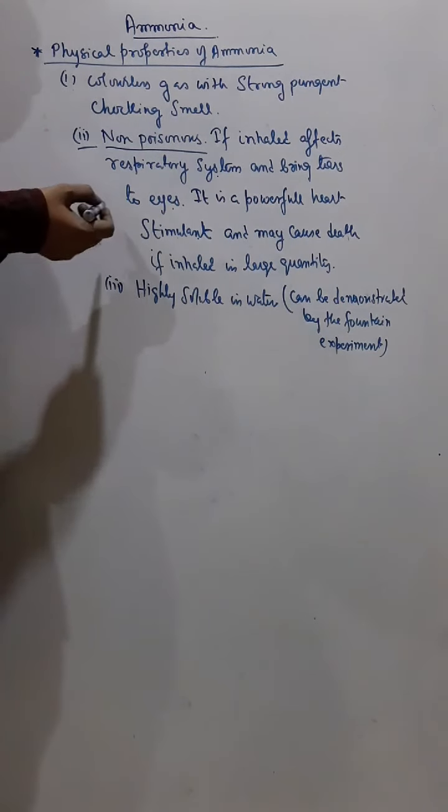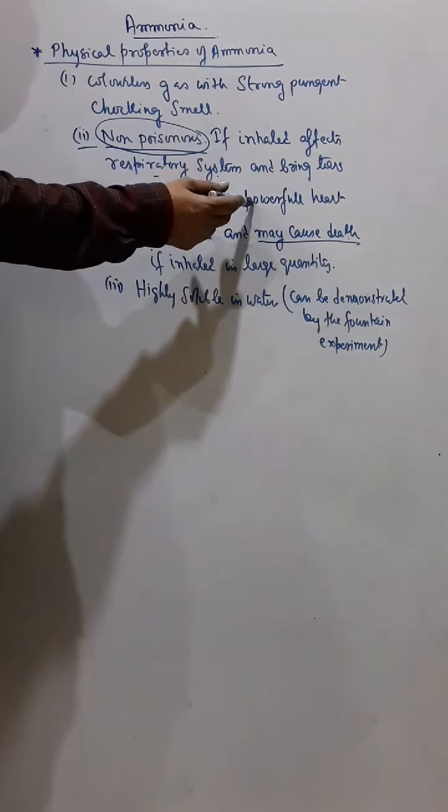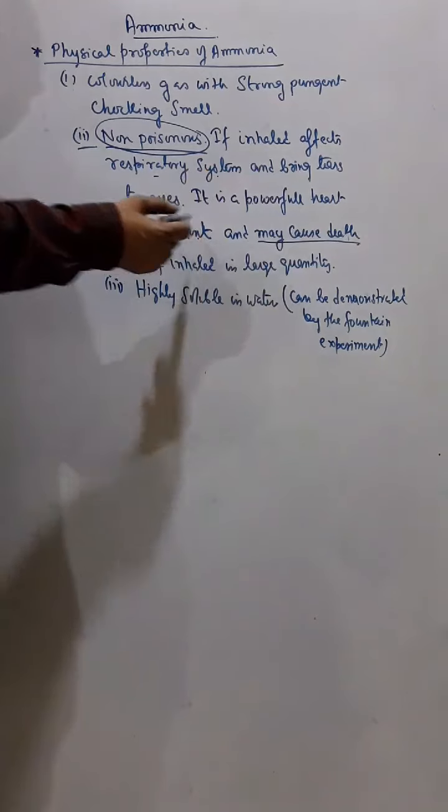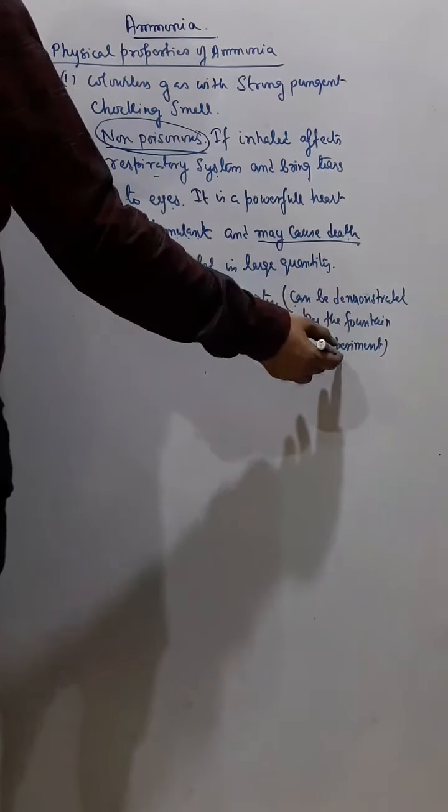And hence, if it is inhaled in a large quantity, it may cause death. Understand? Although it's non-poisonous, since it affects the respiratory system and is a powerful heart stimulant, the heart becomes very active, and hence if it is inhaled in large quantity, then it may cause death. And it is highly soluble in water, and that can be demonstrated by the fountain experiment.